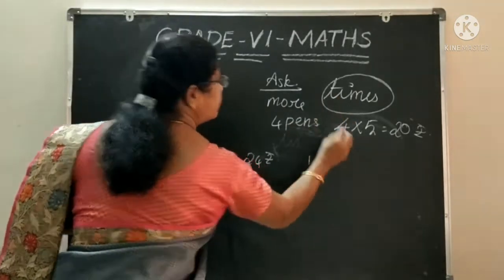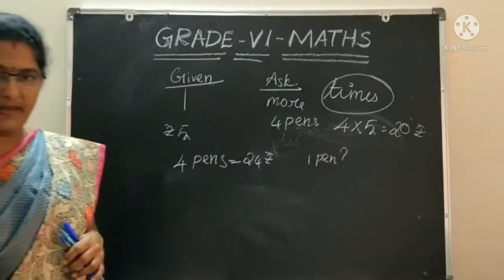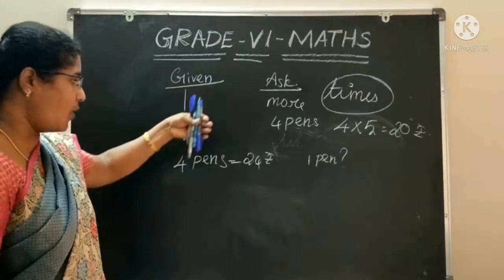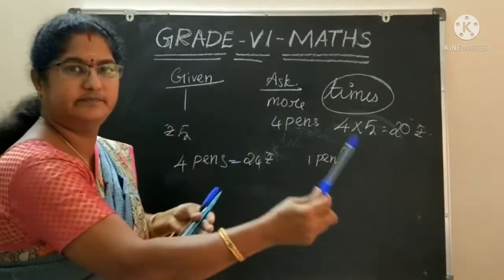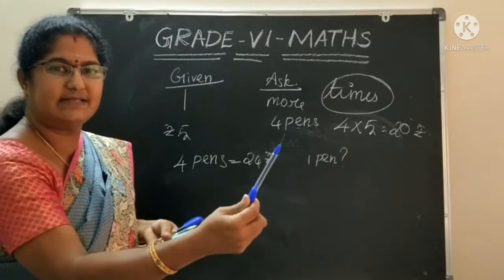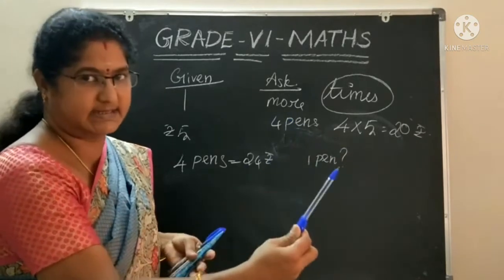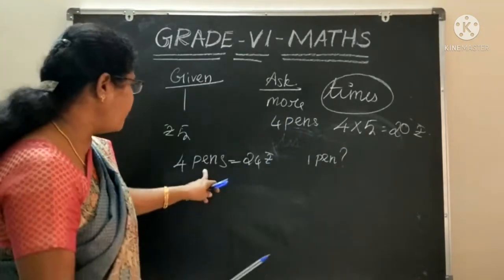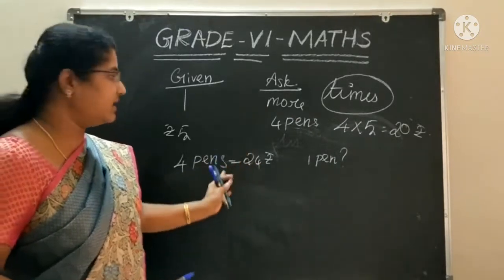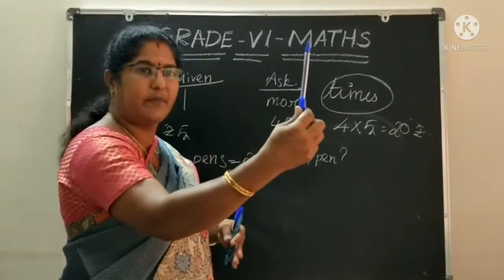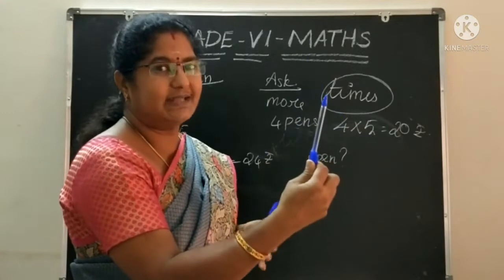Find 1 pen. What is the cost of 1 pen? So they gave more, find 1. How will the answer be? The answer will be less, small. The 4 pens cost 24, it is big. The cost of 1 pen should be very small, a lesser amount.